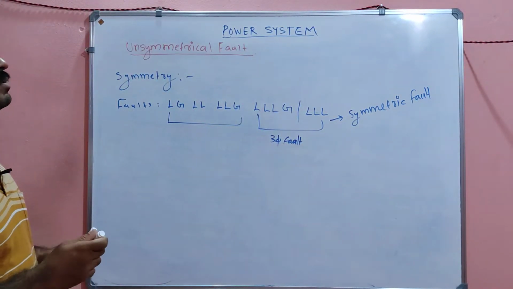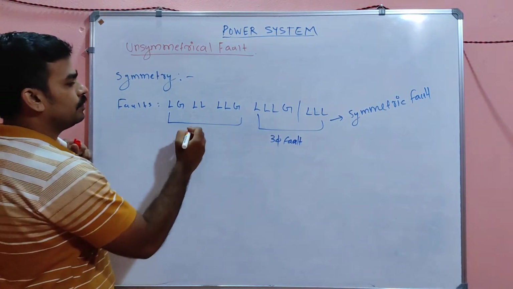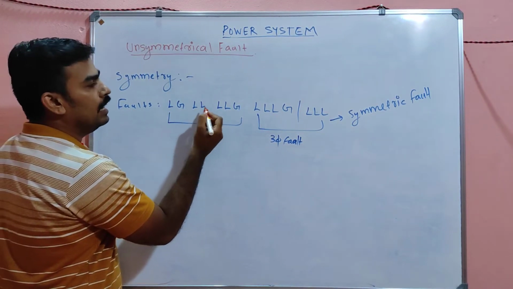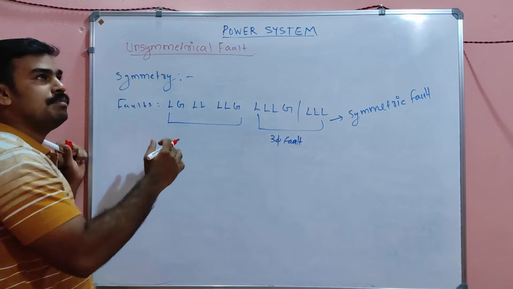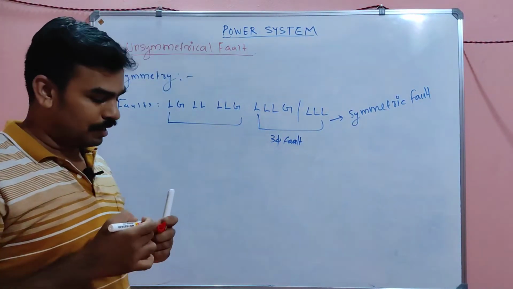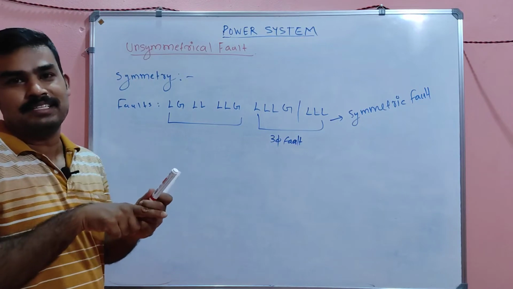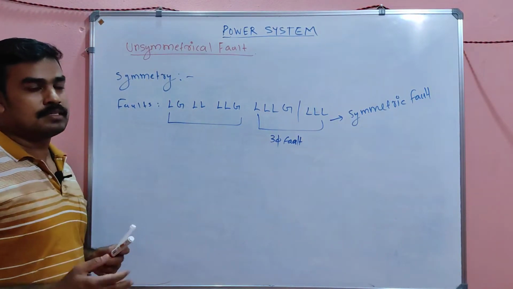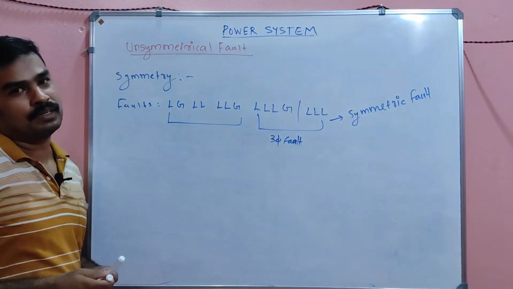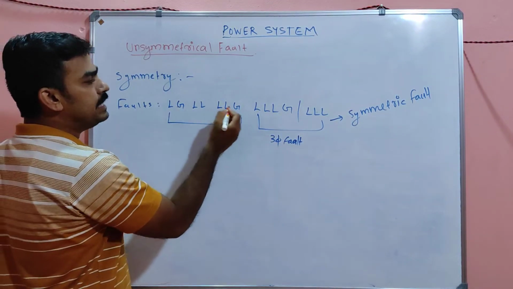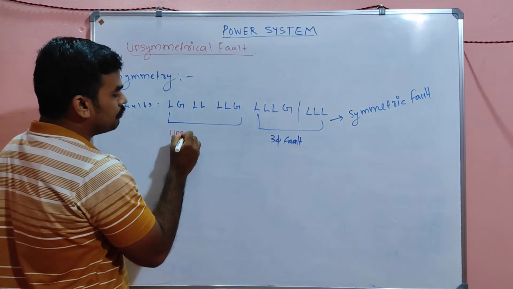And this is nothing but, my dear, the unsymmetric fault: LG, LL, LLG. LG means a single line falls to ground. LL means two lines come in contact with each other. LLG means two lines fall to ground. So these three faults are called unsymmetrical fault.